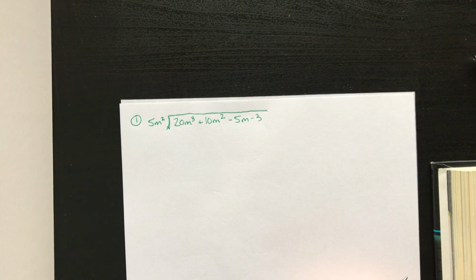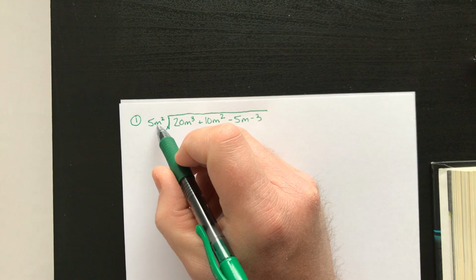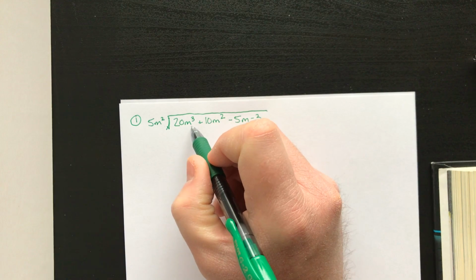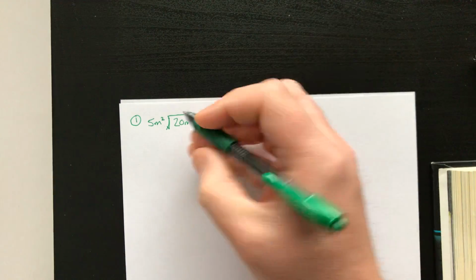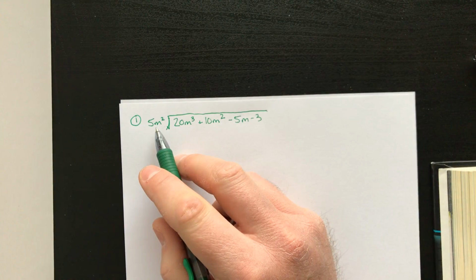All right, so what we're asking ourselves is, what do we multiply by the 5m squared in order to get a 20m cubed? All right, well, that would be 4m, right?